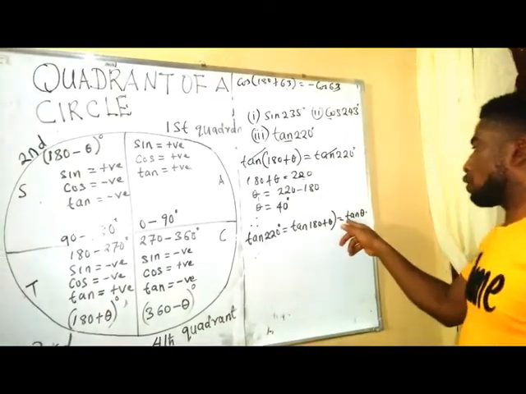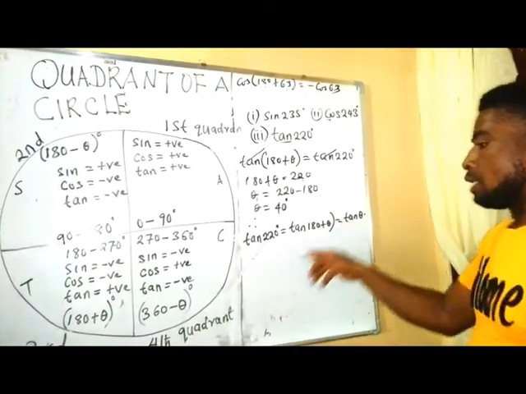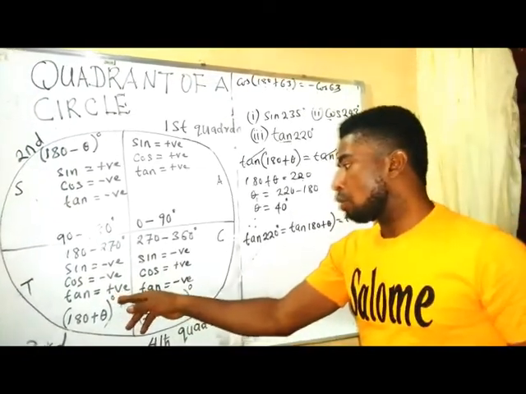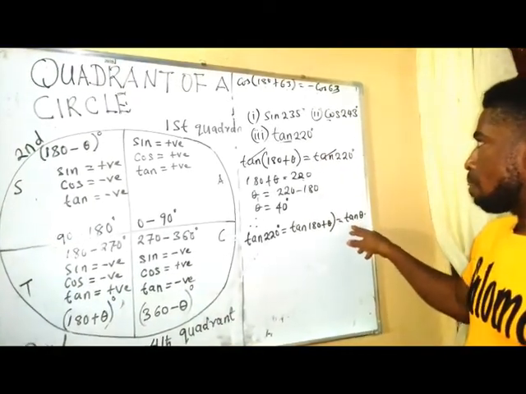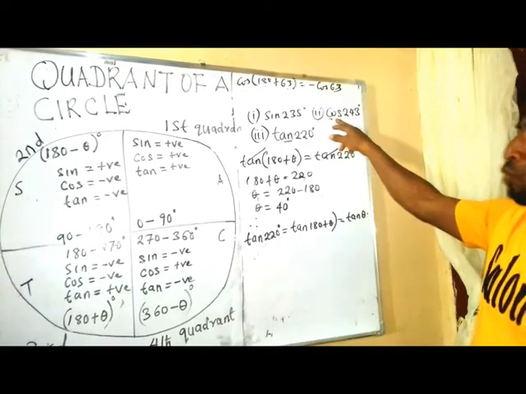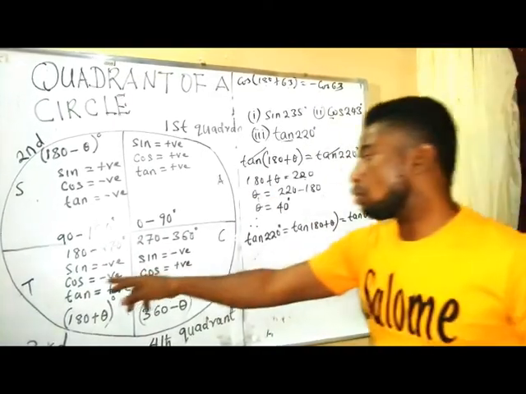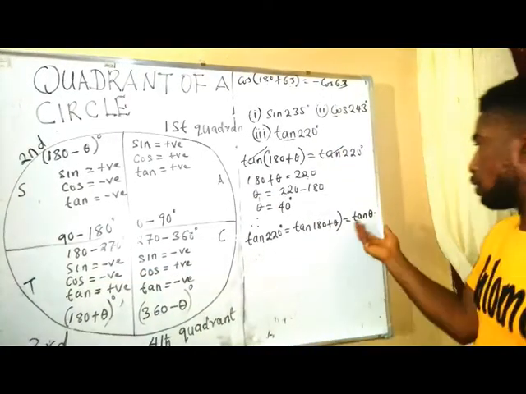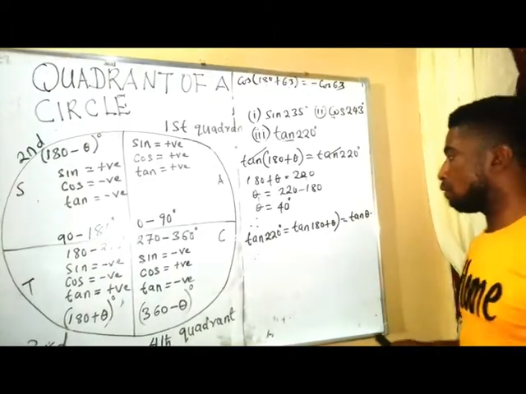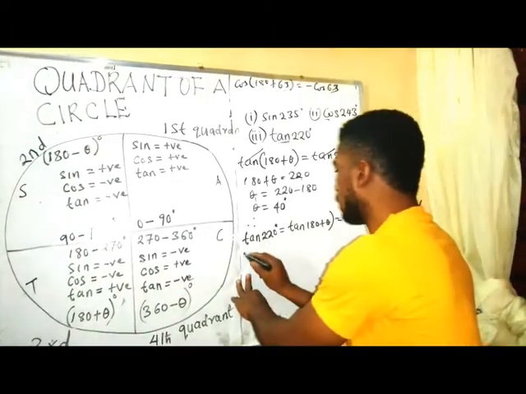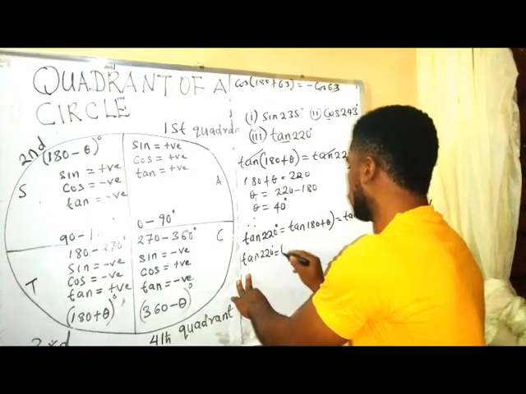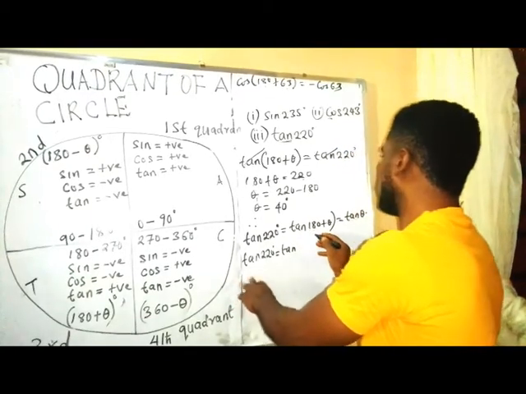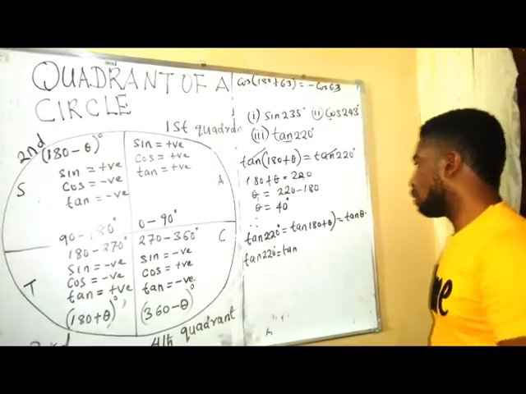Remember why it is plus here? Because in the third quadrant, tan is positive. Unlike cosine, which is negative here. But tan is positive.